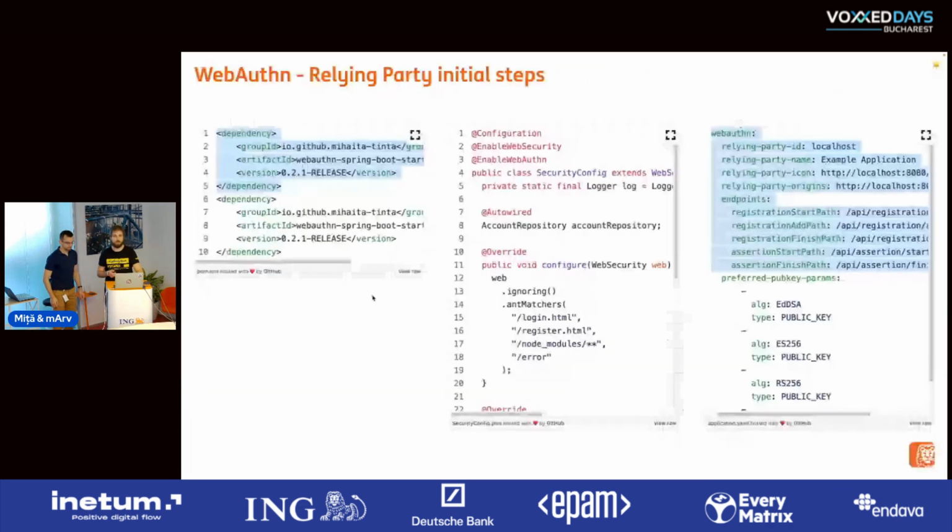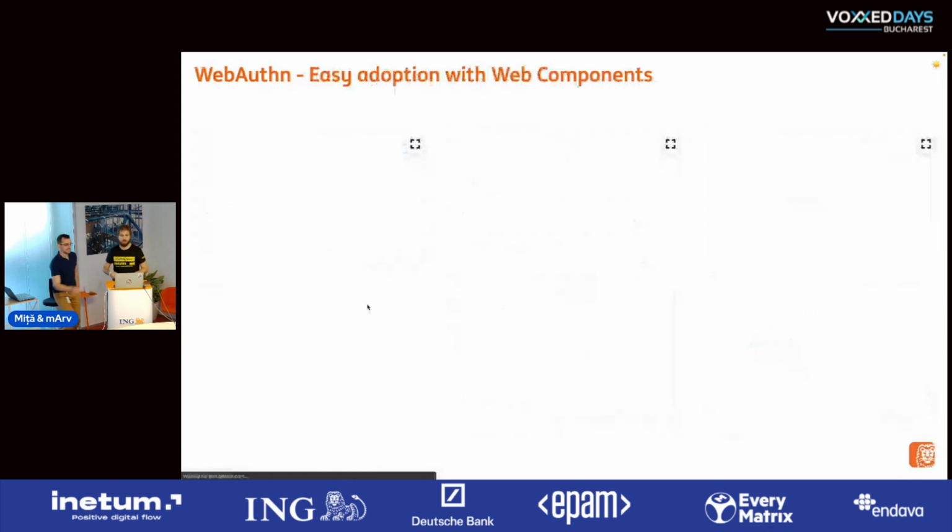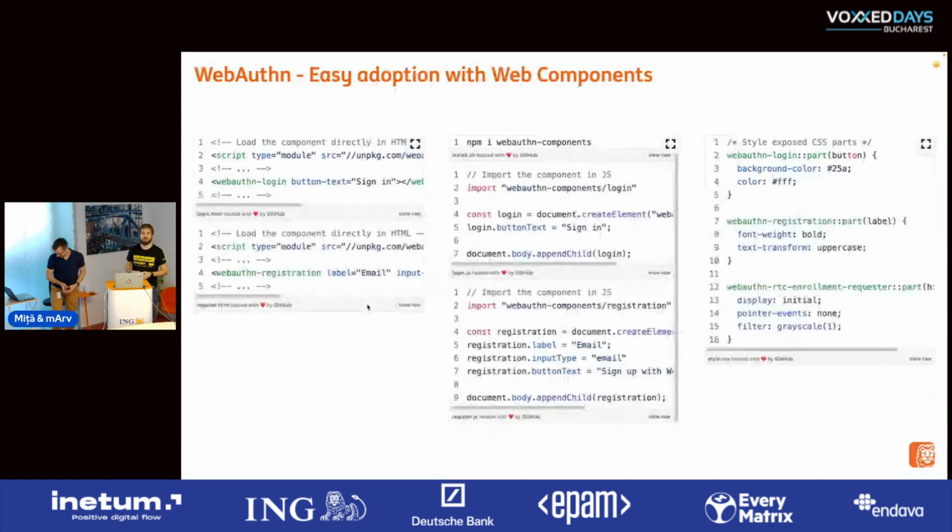And Marv will tell you more about the next part. Yep. Thank you, Mihaita. So we've seen how easy it is to actually add Web Authentication to our Spring Boot application. It's just as easy to add it to your front-end side. As Mihaita showed you, there are some unstyled out-of-the-box components that work with both the Spring Boot starter endpoints, but also they are specification compliant, so you'll be able to use them in each of the flows that we've shown thus far.